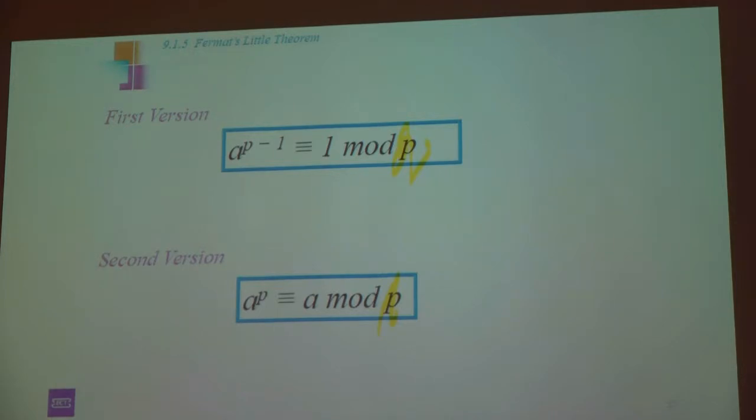It says a to the power of the modulus minus 1, where the modulus is repeated, then the result will be 1. The second theorem says a to the power p equals a mod p.